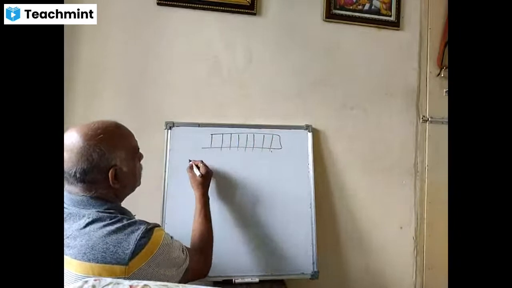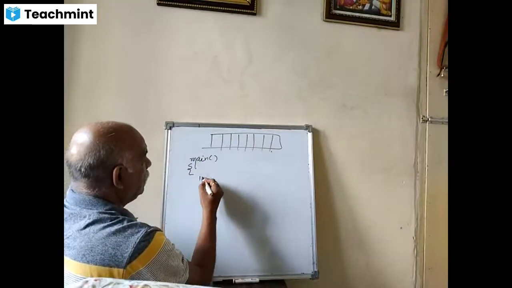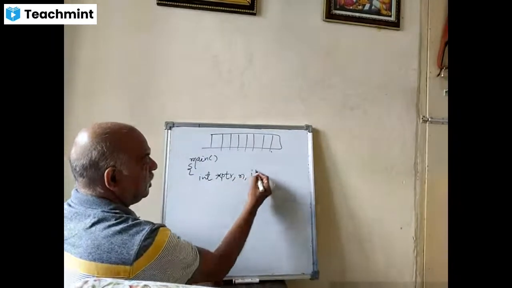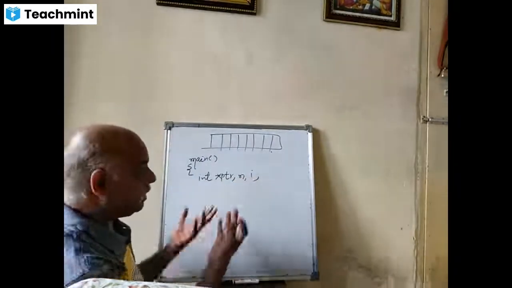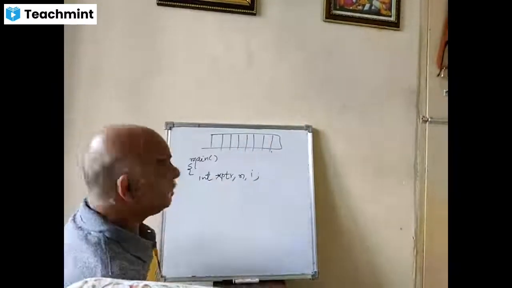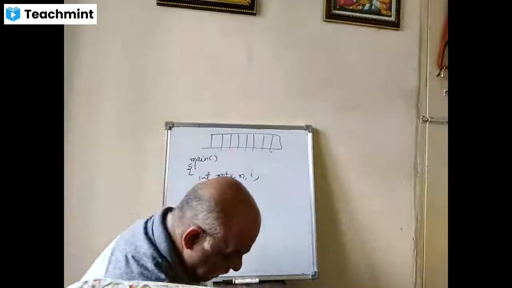So how to create that? Main execution starts in main. int star ptr, n comma i. Here I am not declaring an array. Dynamically you can create the array here. Okay. So we'll do that.